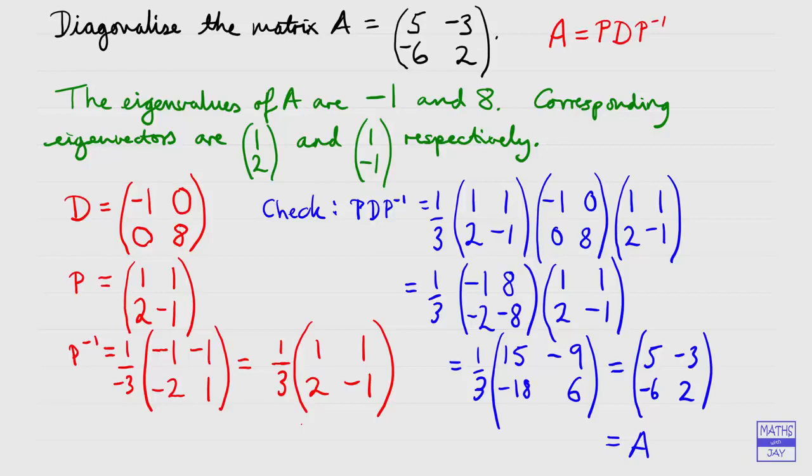And it's really important that once you've chosen how to write your matrix D, that your matrix P has got the columns in the same order that you've written the eigenvalues in your matrix D.